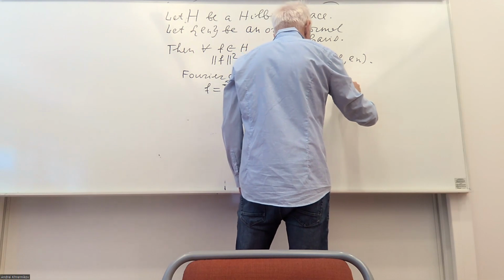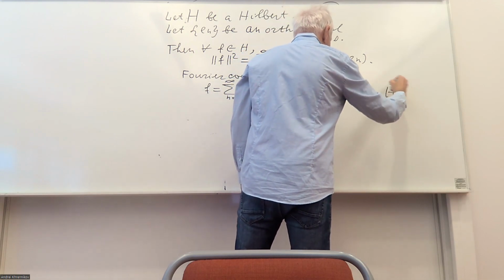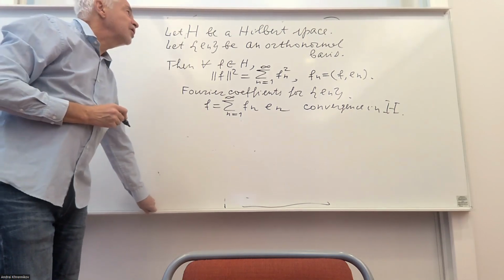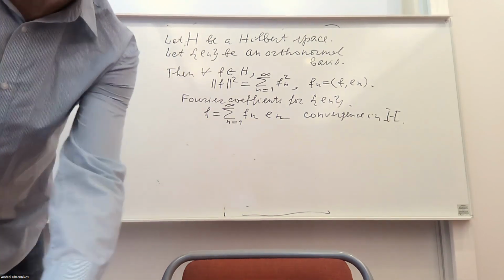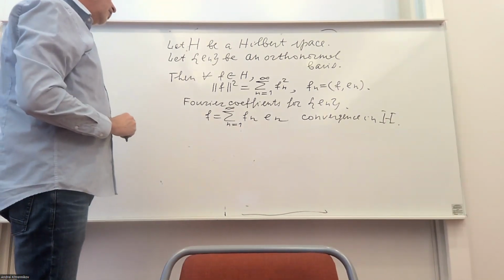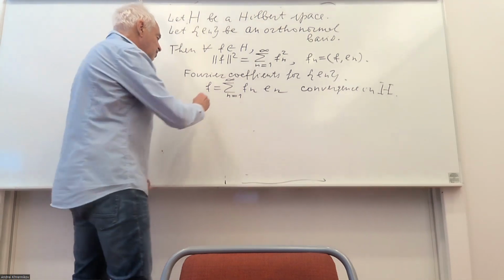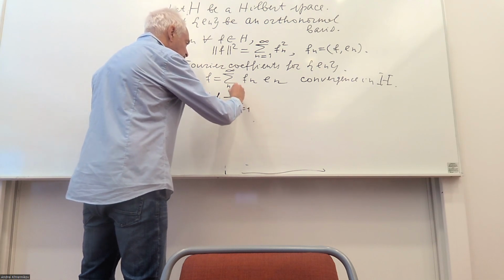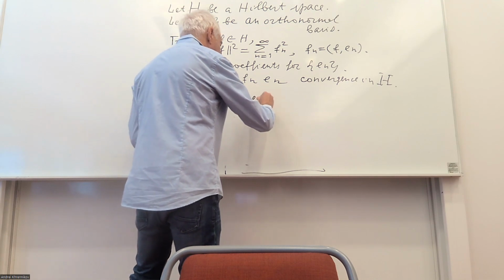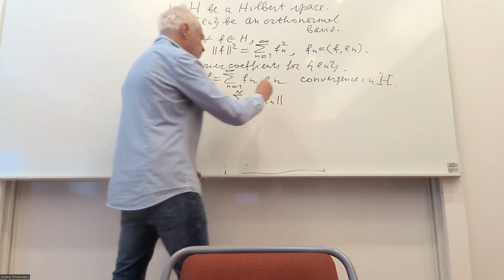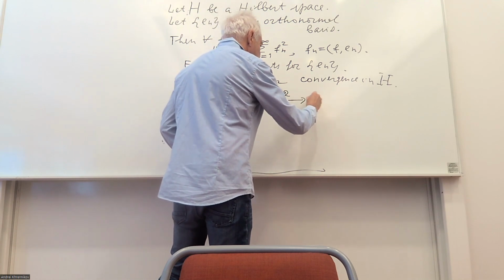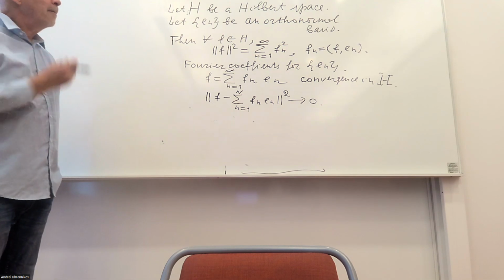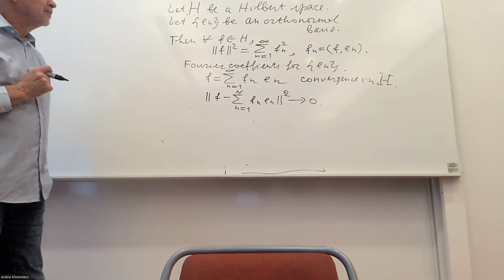Convergence in H. What does this convergence mean? It means that if we take the norm of f minus the partial sum, as for any series in your course of analysis, but with a norm instead of the absolute value, this should go to 0. So this was abstract theory.